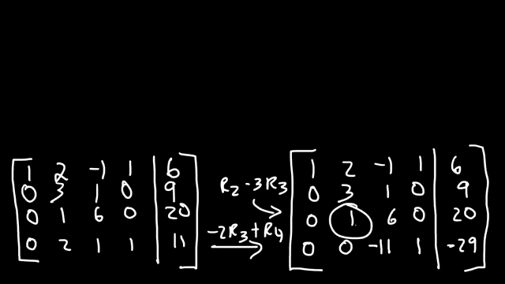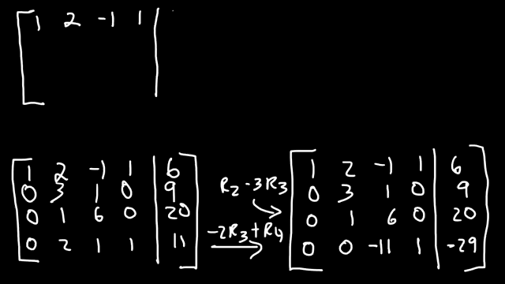So this will be negative 3 times 1. So it'll be 3 minus 3, and that will be 0. But before we do that, let's write everything else. So we have 1, 2, negative 1, 1, and 6. And then row 2 is not going to change. And row 4 is going to stay the same for now.